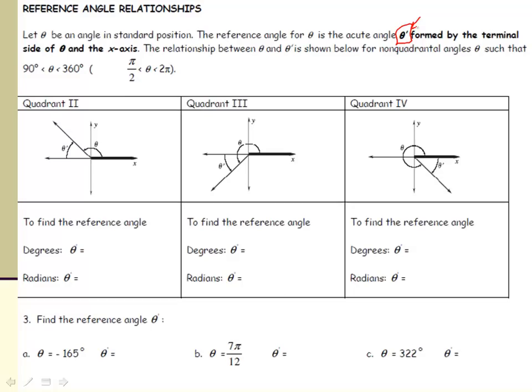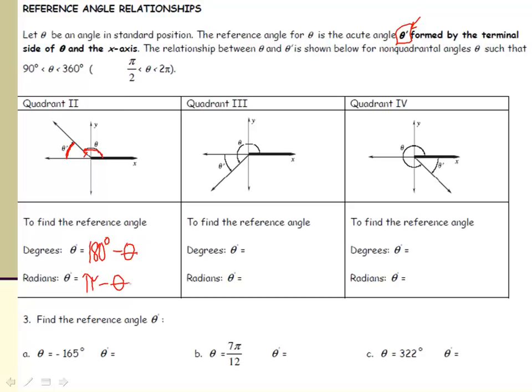Looking here in quadrant 2, if this is my angle theta, then our reference angle is this angle right here. So to find the reference angle for quadrant 2, in degrees, you would do 180 degrees minus your theta, or in radians, pi minus your theta.